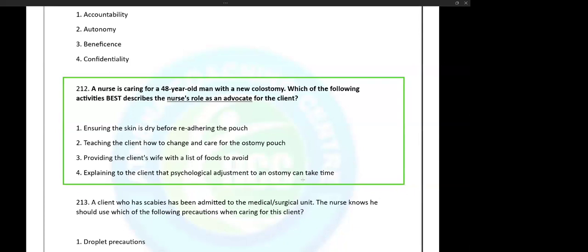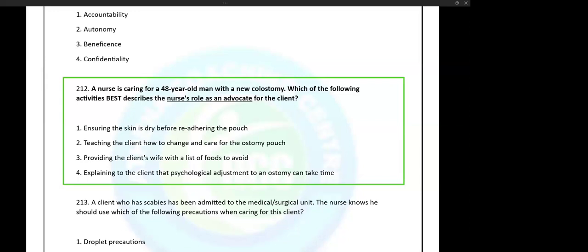What is the question here? The nurse is caring for a 48-year-old man with a new colostomy, and which of the following activities best describes the nurse's role as an advocate for the client? Okay, the nurse's role as an advocate for the client. So a 48-year-old patient with a new colostomy.